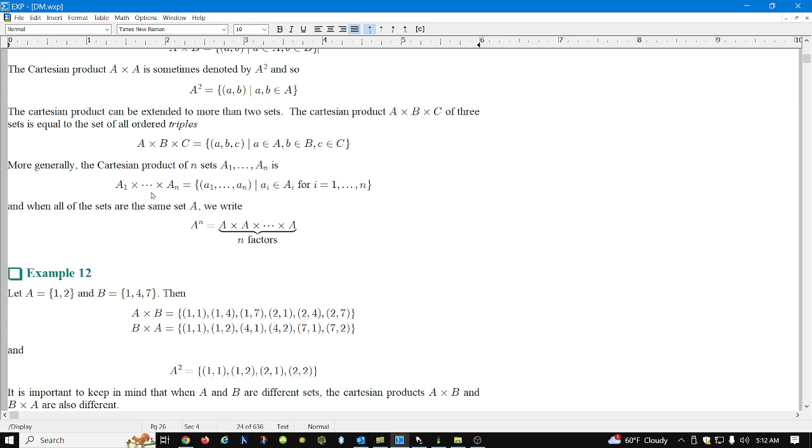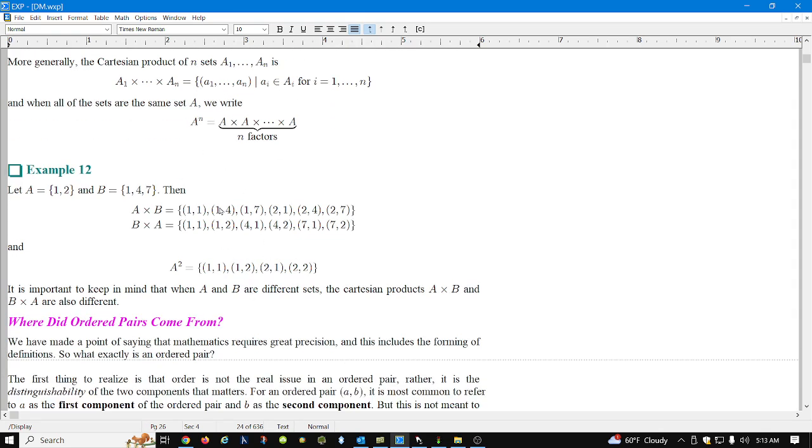And here it is in more generality for the Cartesian product of any finite number n of sets. There is a definition of Cartesian product for infinitely many sets, but since we don't need it in this course, I haven't included it. Here are some examples which I'll let you look at.